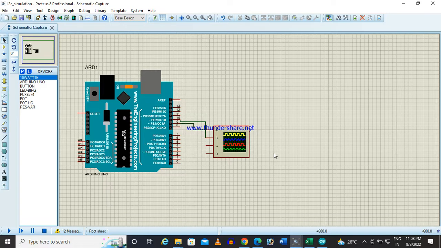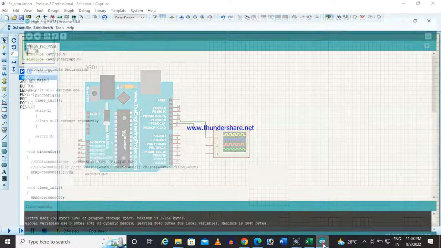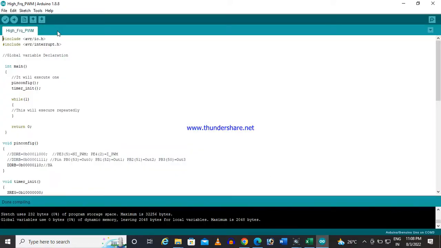I will show you this through phase correct mode, because to generate this, phase correct PWM is the only one applicable. So let us first see the code. This is not for beginners who are just dealing with PWM.